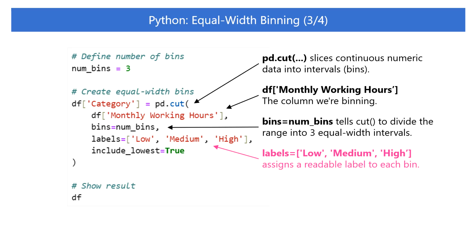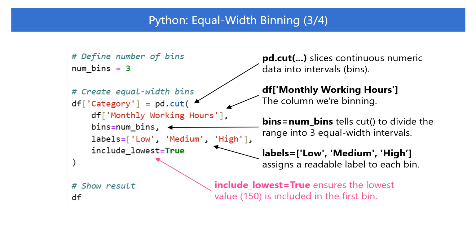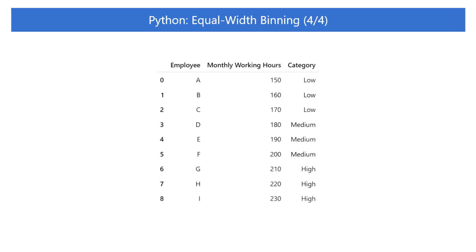Set the argument labels with a list of labels. The last argument, include_lowest, is set to True so that it ensures the lowest value is included in the first bin. By running this code, we can add a new column named category to the data frame. It shows whether each employee's hours fall into the low, medium, or high bin.